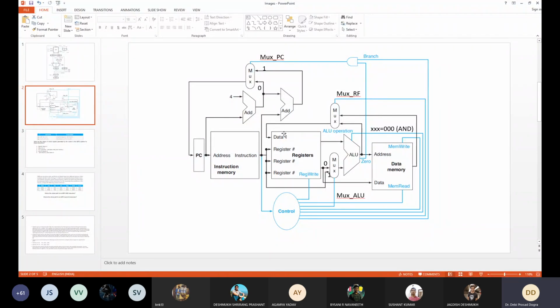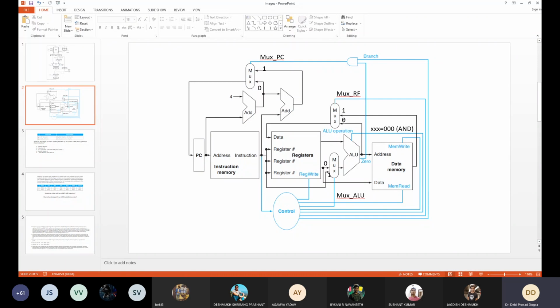So this multiplexer RF should be... let me give the names. This is my 0 port on this multiplexer, and this will be my 1 port of this multiplexer. So what I can see, this is multiplexer RF.